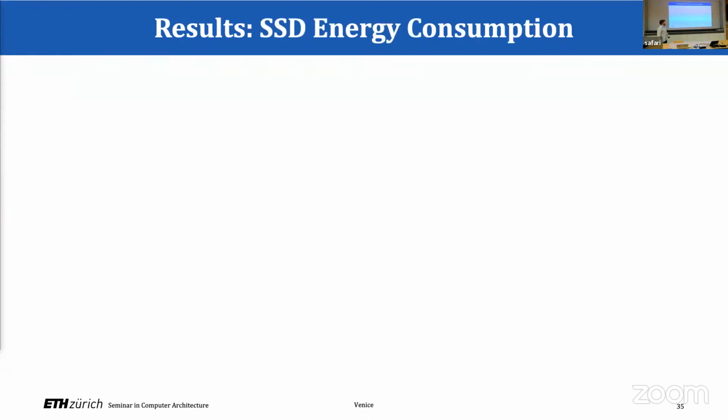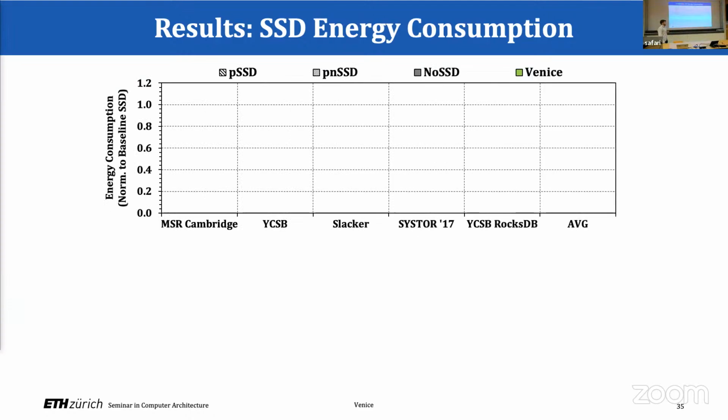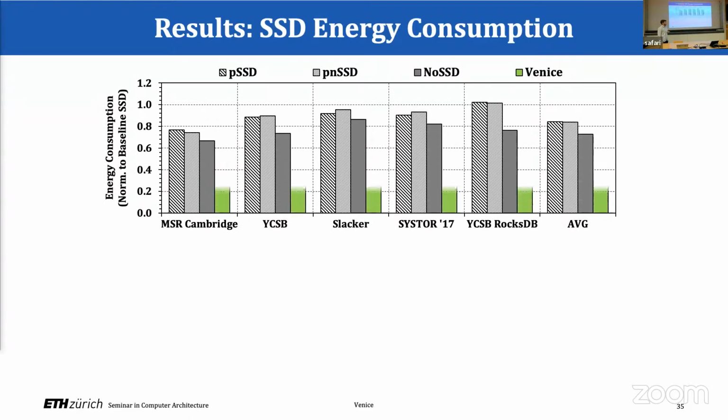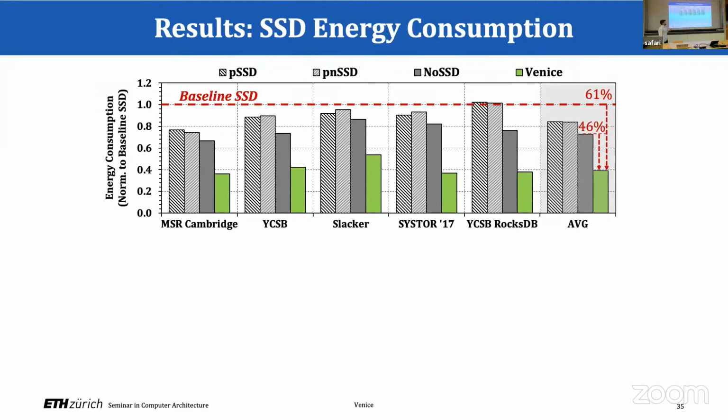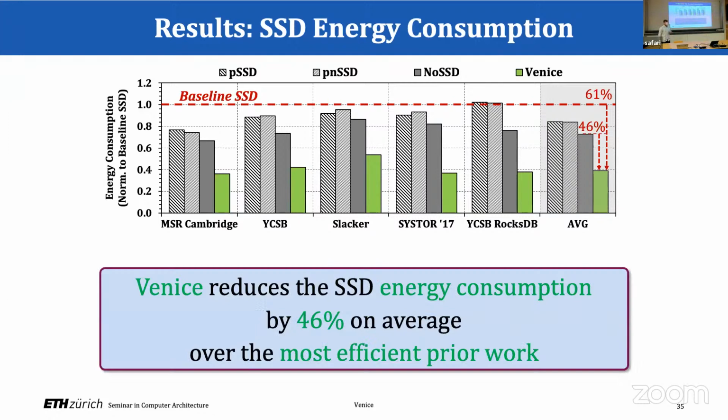And lastly, I would like to talk about the SSD energy consumption of the Venice SSD configurations. Venice succeeds in reducing the amount of energy consumed by 46% over all prior works and 61% over the baseline. One has to say energy consumption is the product of the actual power consumption and the overall execution time.